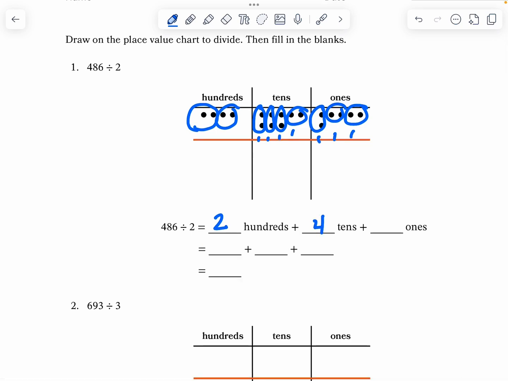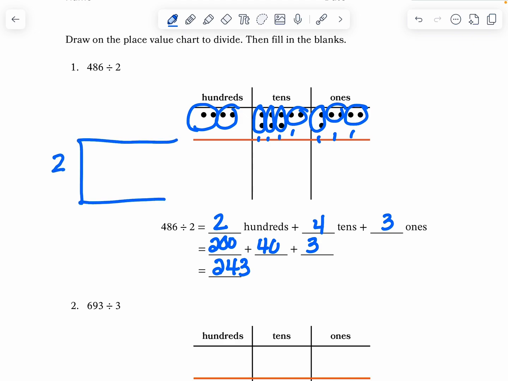And 3 groups of ones. It's the same thing as 200, 40, and 3. And then we add that together and we have 243. But we also know how to do this using box division.